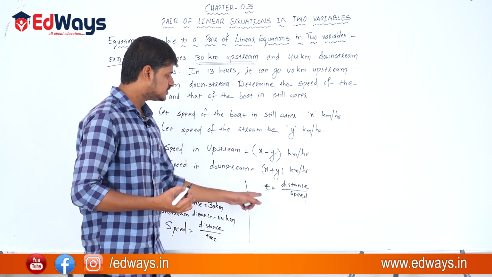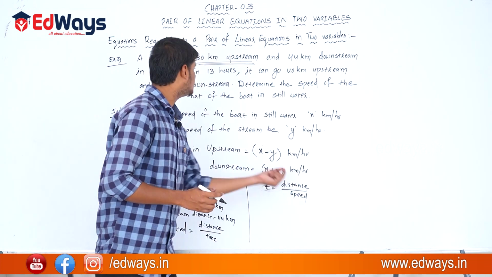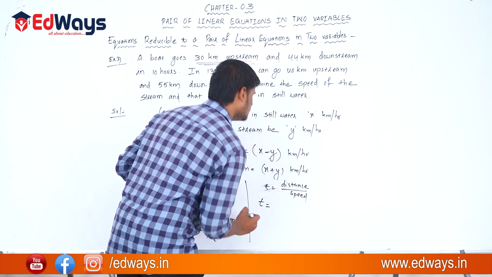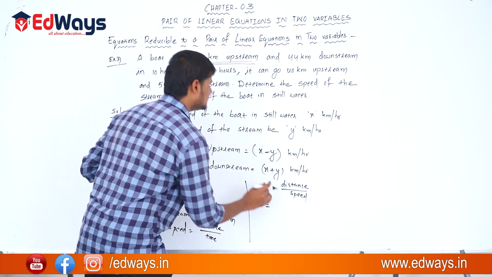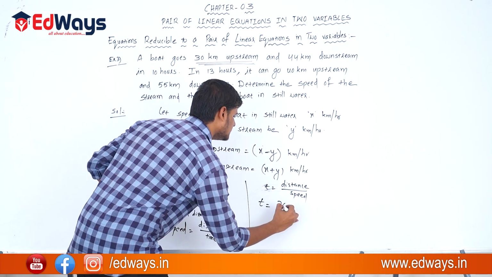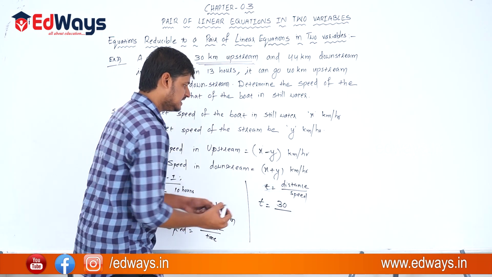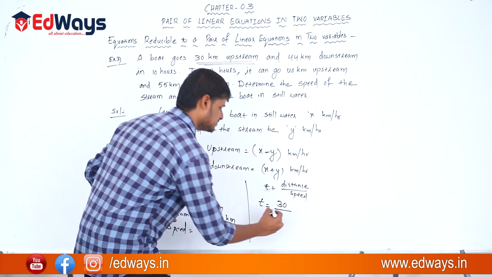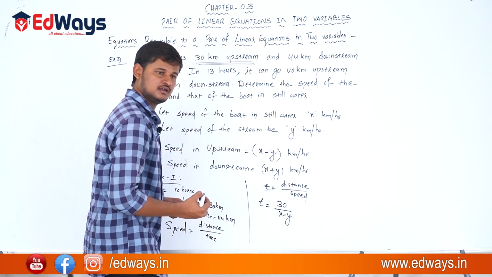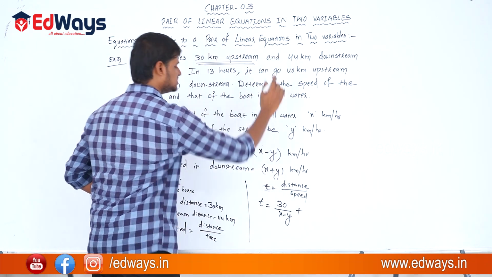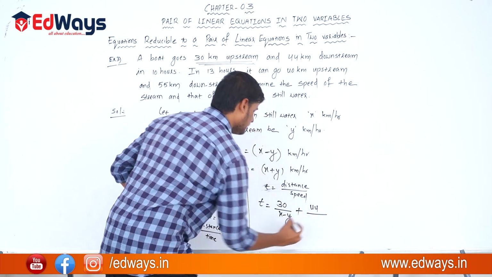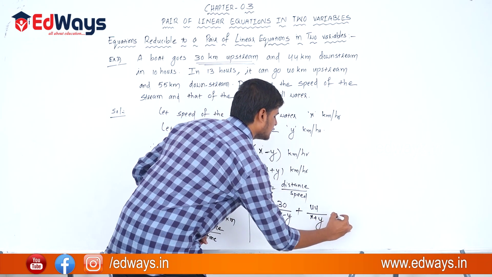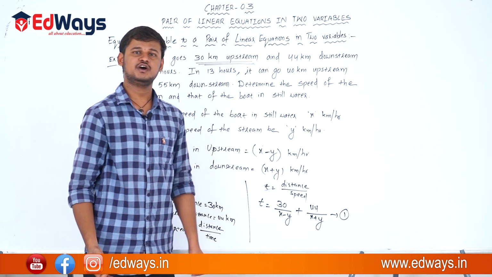We have the upstream distance and downstream distance. So t is equal to 30, the upstream distance, by the upstream speed. What is the upstream speed? The upstream speed was x minus y. Plus downstream: the downstream distance was 44 by the downstream speed, x plus y. Let it be equation number 1.